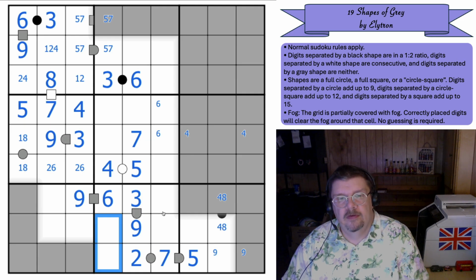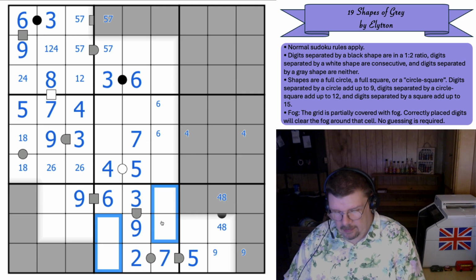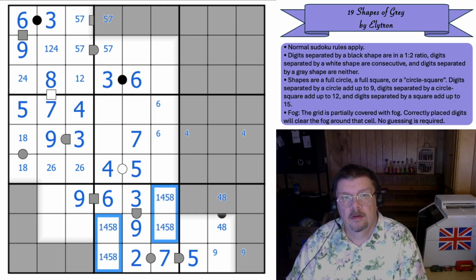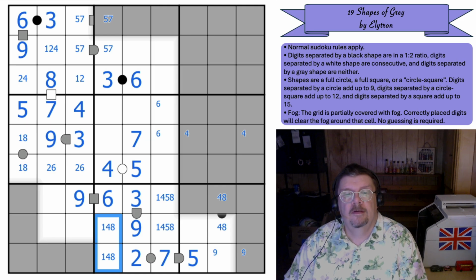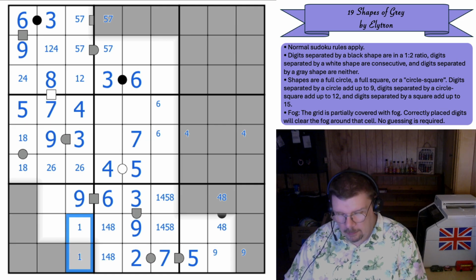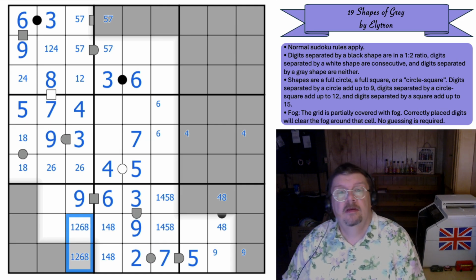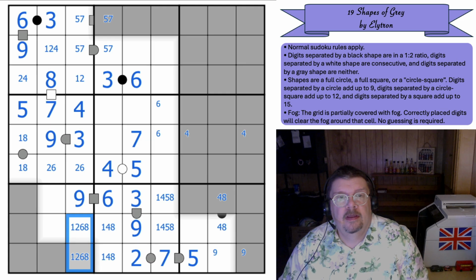1, 4, 5, and 8 go in this box, and they are not 5. Hmm. 1, 2, 6, and 8 go there.